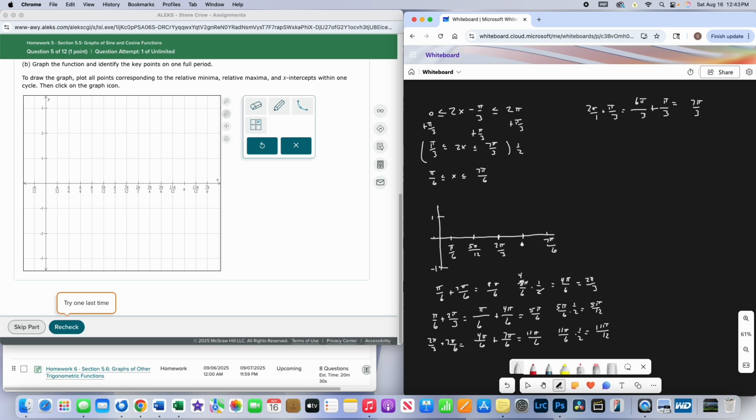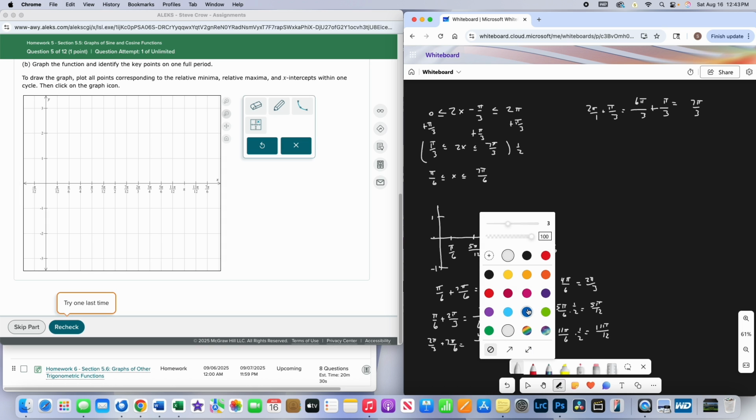And so this is going to be 11 pi over 12. All right. I know that doesn't quite look like a 12, does it? We'll erase it and write it again.